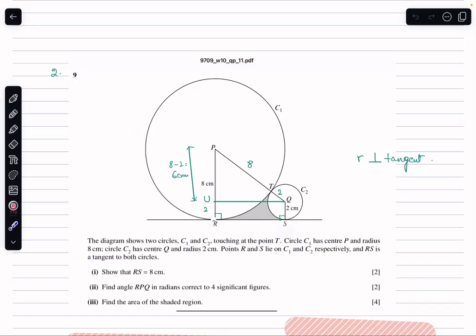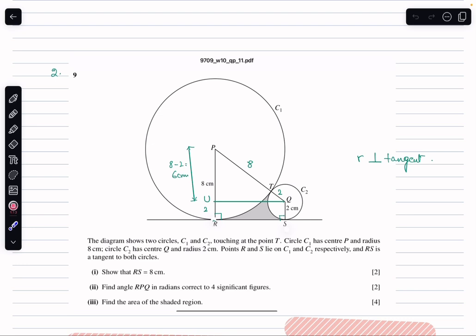The next question is from Winter 2010, paper 1, variant 1, and it's question number 9 in the paper. The question says that the diagram shows two circles, C1 and C2. The bigger circle is C1 and the smaller is C2, touching at the point T. Circle C1 has center P and radius 8 centimeters, so PR and PT are 8 centimeters.